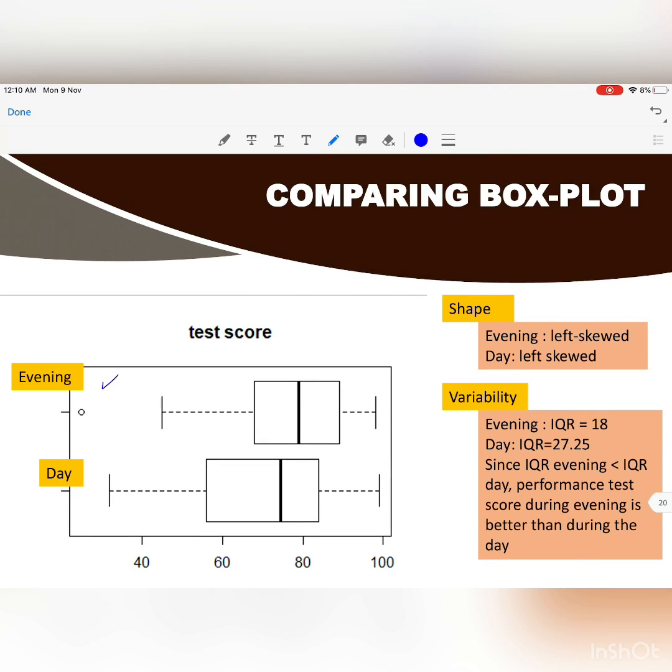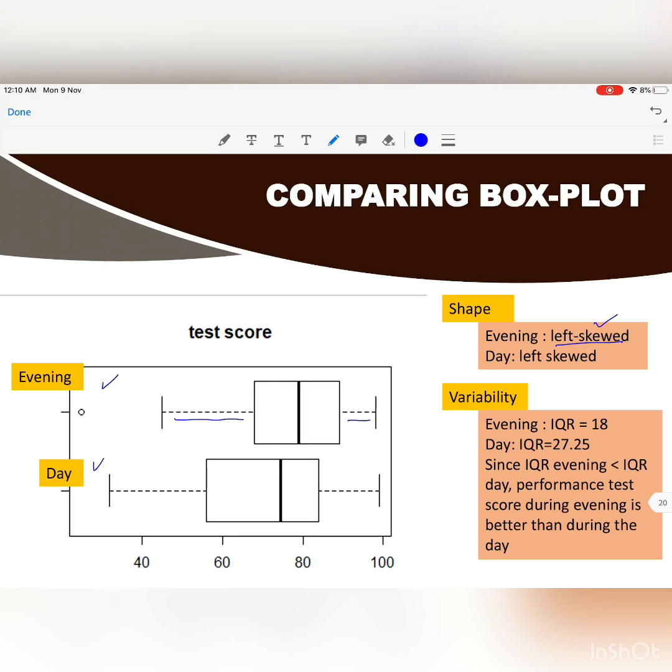Look at these two box plots, evening and day, on the same axis. To compare the shape first, look at the shape. For evening, that is left skewed, because the left line is larger than the right line.